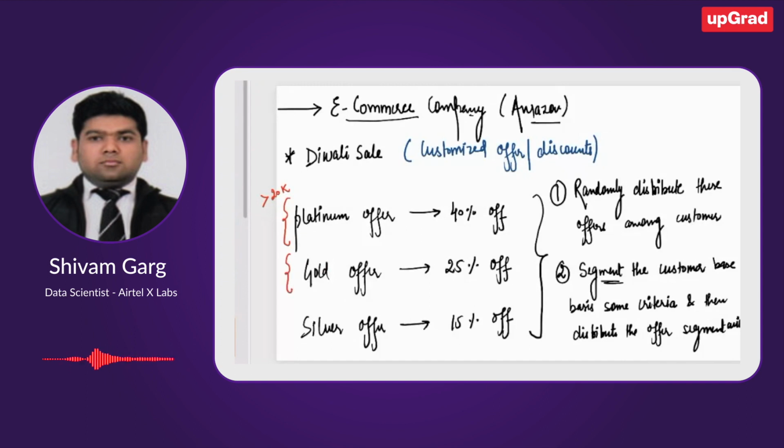If any customer has an average transaction amount greater than 10K, let's give them a gold offer. If a customer has a transaction amount less than 10K, let's give them a silver offer. Can I say that that could be one approach? If there were a single criteria, average transaction amount, that could be a better approach.